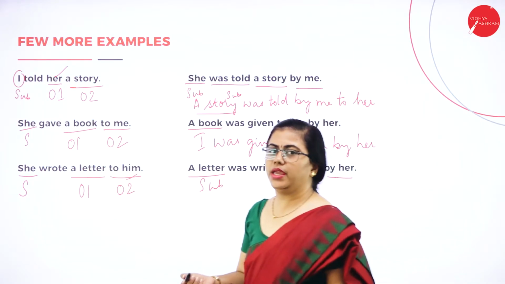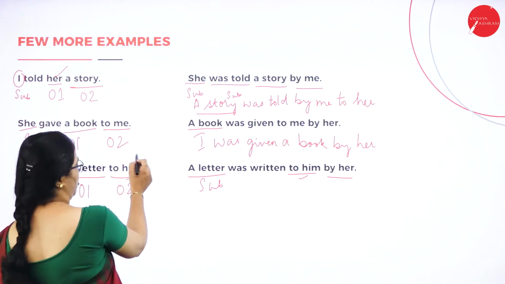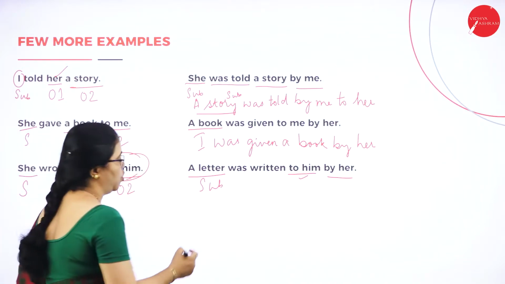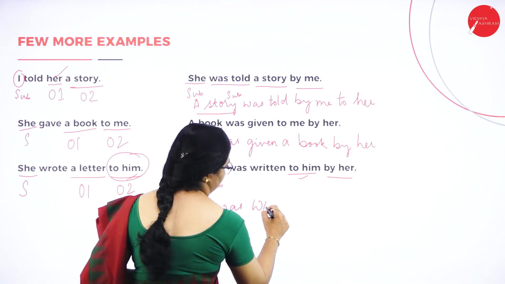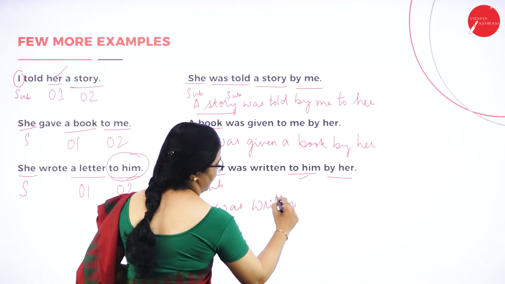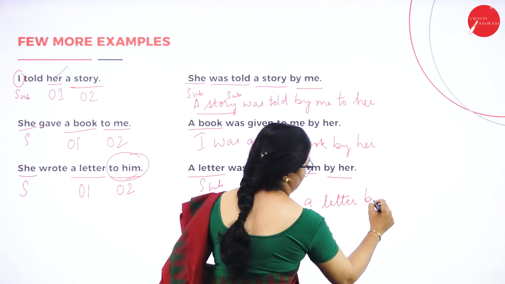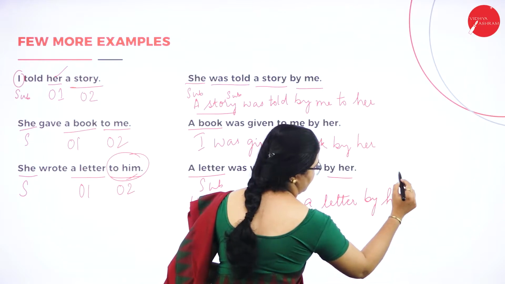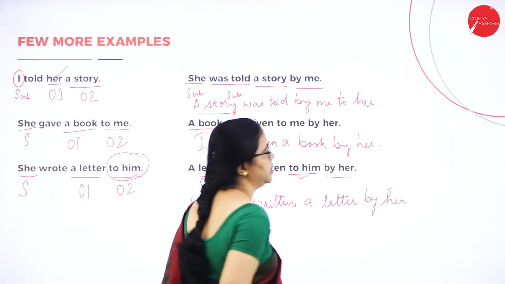This can also be written by taking this object 2 as the subject. So it is, he was written a letter by her. So this is another way in which you write the sentence.